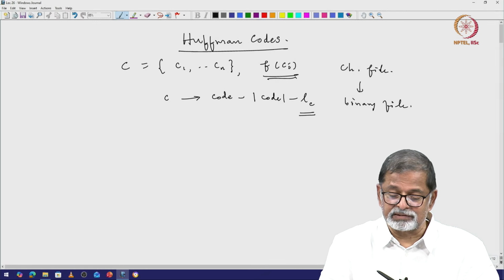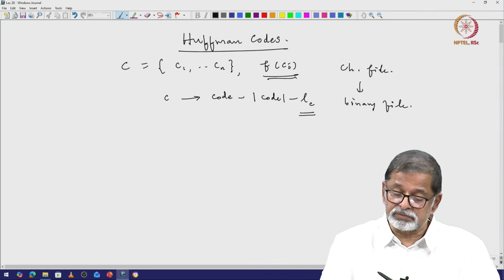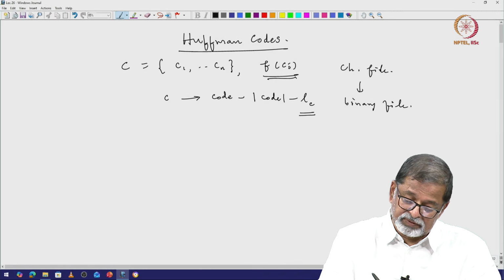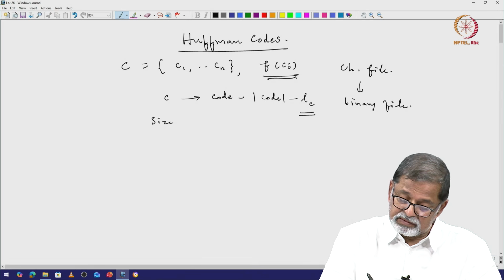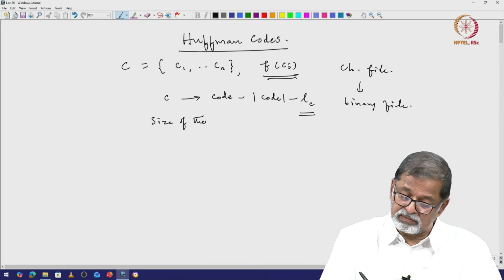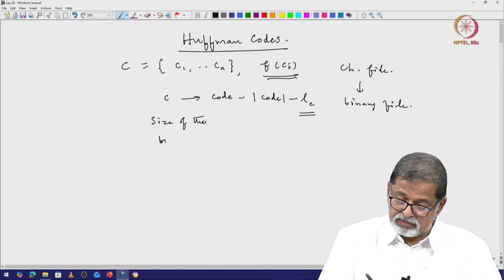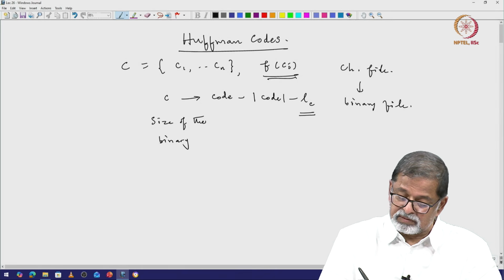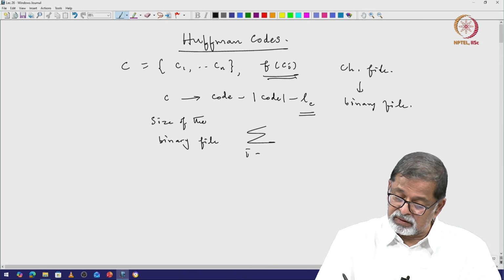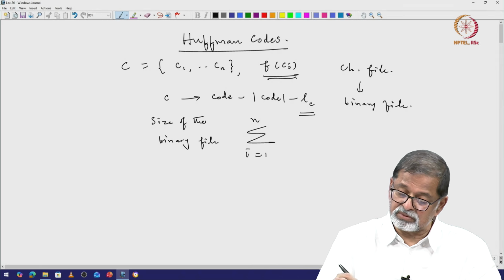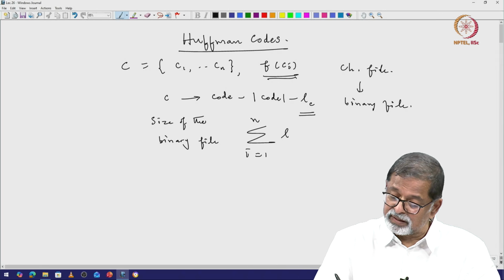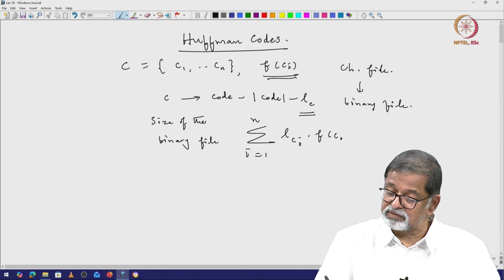Therefore, the size of the binary file, or the coded file, is the sum over i equals 1 to n of L of Ci times f of Ci.